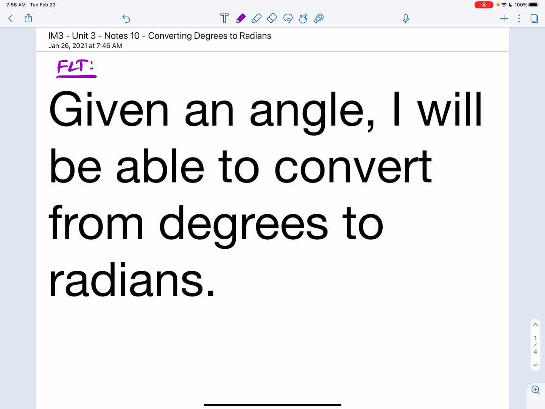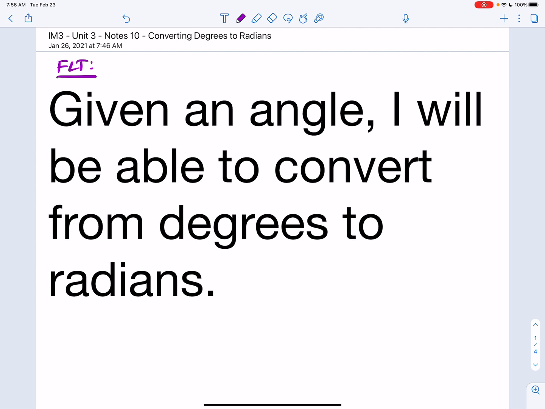Okay, so in the last few lessons, before we continue, just to recap, we learned how to find missing sides of a triangle and how to find missing angles. We used the Pythagorean theorem: if we had two sides, we could find the third missing side.